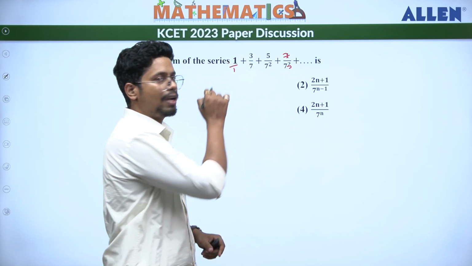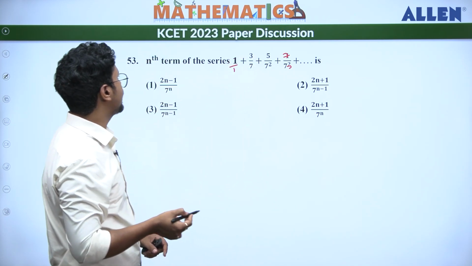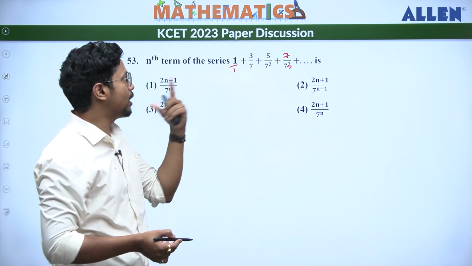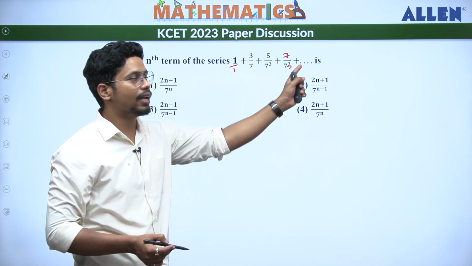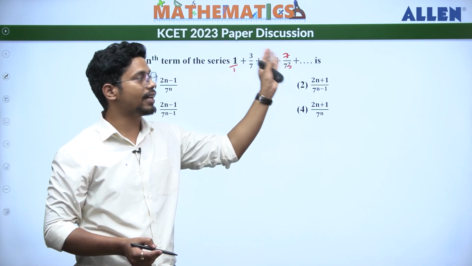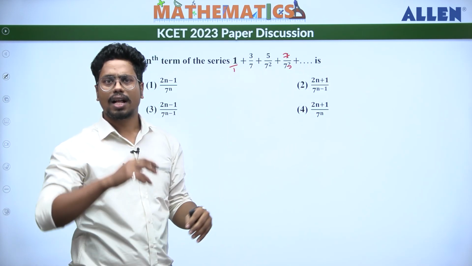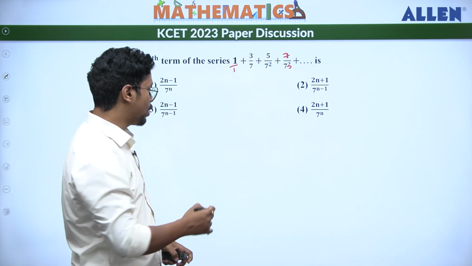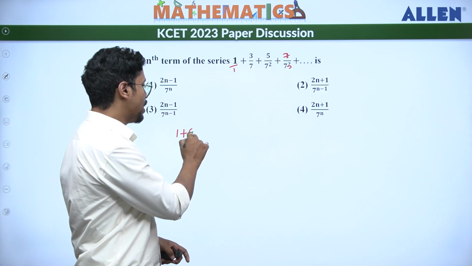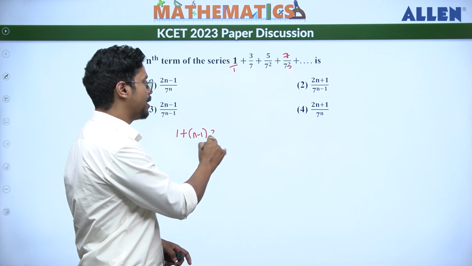1 can be written as 1 by 1. So all of you, what are they asking? Nth term of the series. The first term of the AP that you can see in the numerator is 1. So nth term of the numerator will be the nth term of the AP 1, 3, 5, 7. So what is that? First term plus n minus 1 into the common difference.